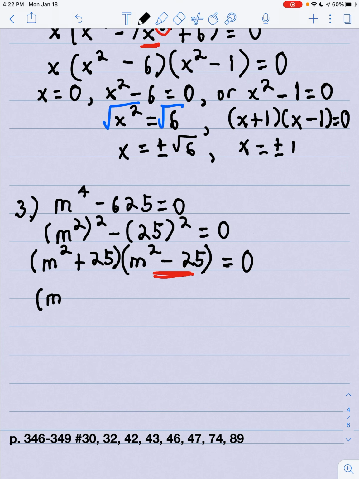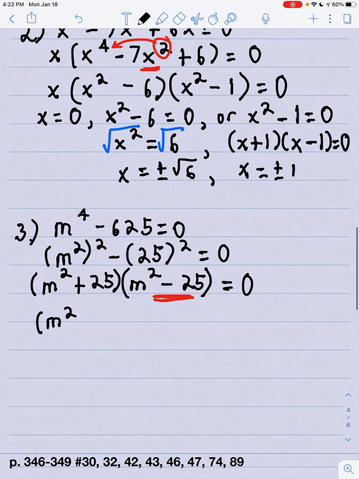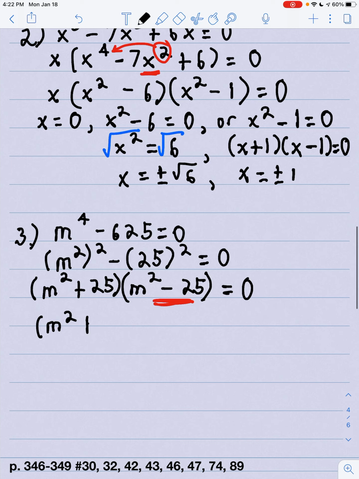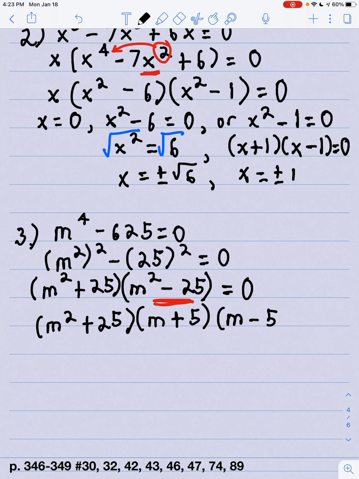So I'm not completely factored here. I would carry down m squared plus 25, but I'd have to understand that m squared minus 25 actually can factor again, if I want to factor completely. And now I'm factored completely.